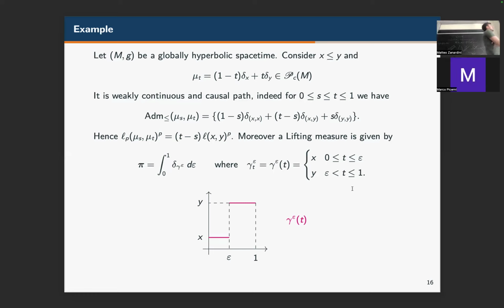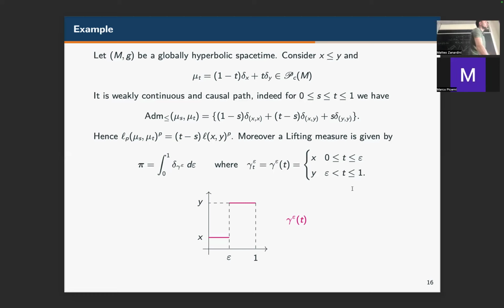And you can compute the lifting measure out of this curve, and this is precisely the uniformly distributed measure on this set of curves gamma epsilon. You have this curve gamma epsilon, labeled with epsilon between 0 and 1, and you take the uniformly distributed measure on this set of curves, where the curve gamma epsilon is defined to be the left continuous causal curve that jumps instantaneously from x to y at time t equals epsilon.